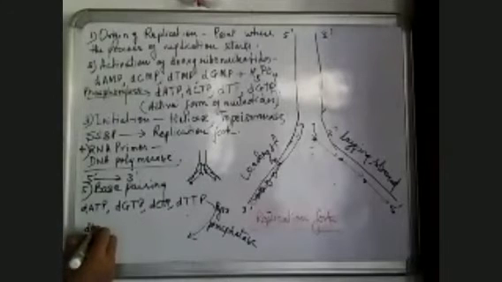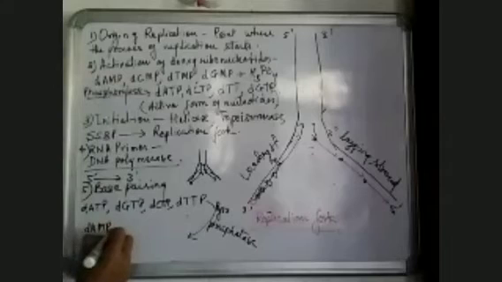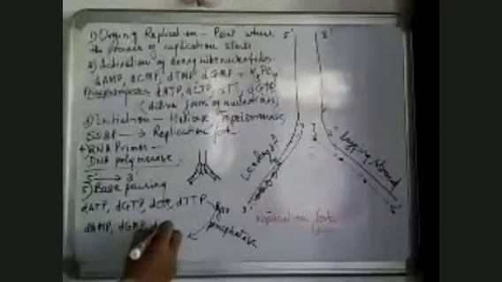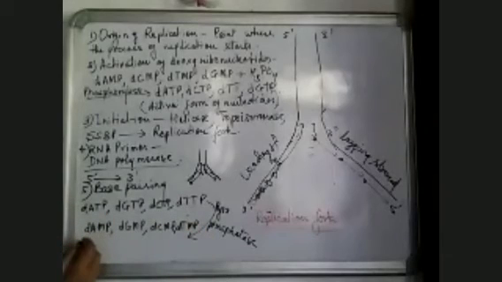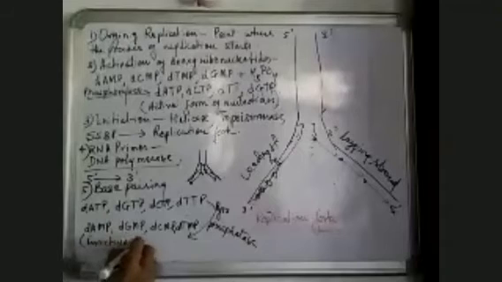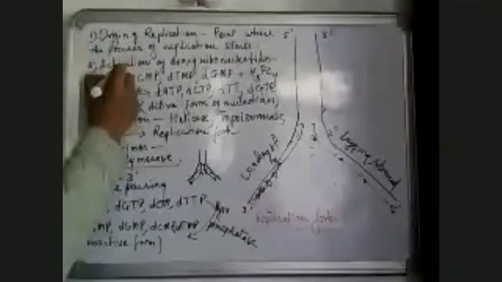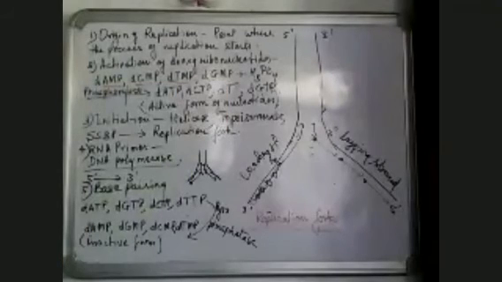That means dAMP, dGMP, dCMP, dTMP. These are inactive forms. When they get converted into an inactive form, energy is released.